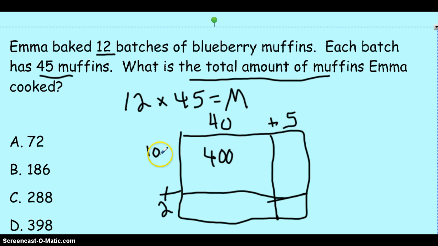This box here is a 10 by 5, which is 50. This array is a 2 by 40, which is 80. And this is a 2 by 5, which is 10. If I add these up, 400 plus 50, 450, plus 10 is 460, plus 80 more is 540.